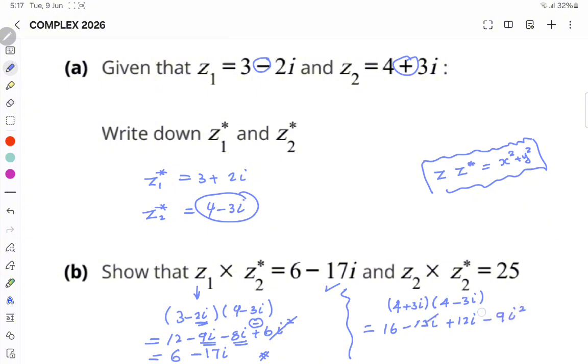So the positive and the negative imaginary terms cancel. And i squared becomes negative 1, so it will be plus. So it's equal 16 plus 9, where 16 represents 4 squared and 9 is 3 squared. So the answer will be equal 25.